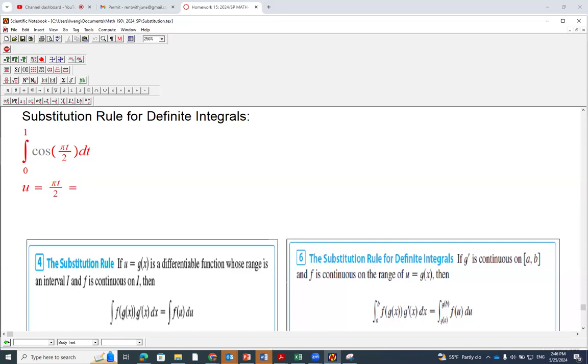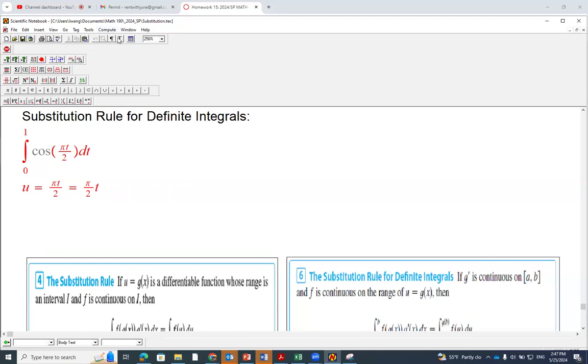Or you can write it as pi over 2 times t, because this way we separate the constant part from the variable part.